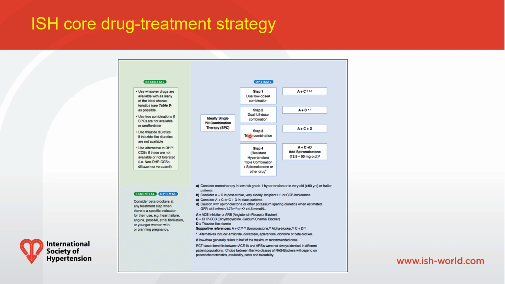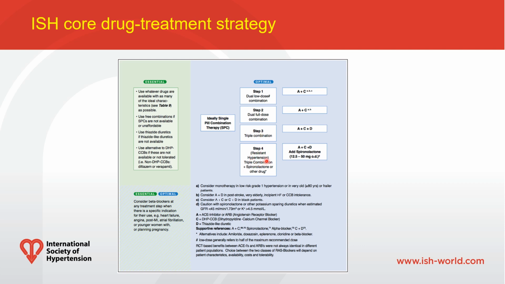You can give it especially in blacks. Now if the blood pressure is still not well controlled, you can go into triple combination. You can still have triple drugs combined in a single pill: the ACE inhibitors, the calcium channel blockers, and the diuretics.